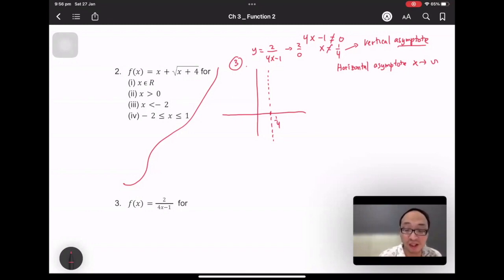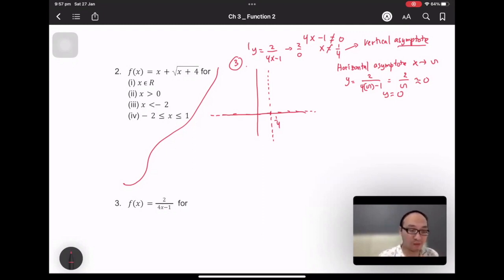So we put x as infinity: 2 over 4 times infinity minus 1, which is still infinity. It's 2 over infinity, which is approximately 0. So the horizontal asymptote will be y approximately 0, the x-axis. So we know that the curve will never pass through these two asymptotes. Okay, now how do we draw it? We sketch, yeah?